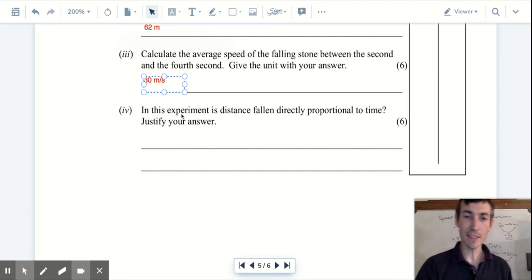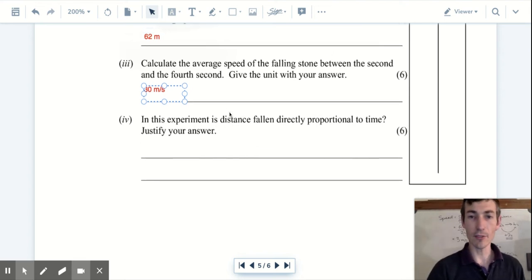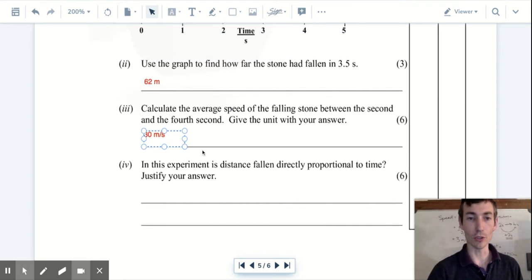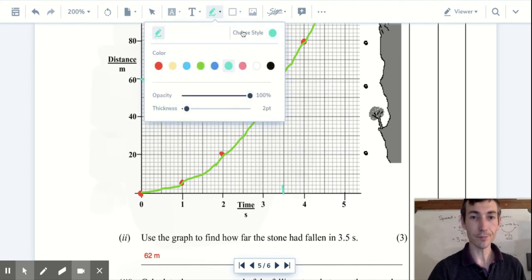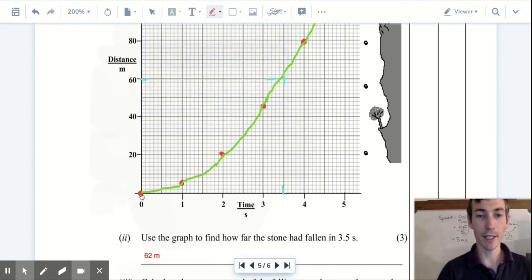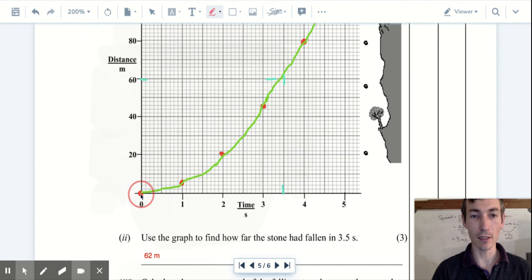Now, in this experiment, is the distance fallen directly proportional to time? And we have to justify our answer. Now, first of all, we need to know what does directly proportional mean. Let's get out my pen. We shall go with pink. Okay. Now, if something is directly proportional, it will have a straight line graph.